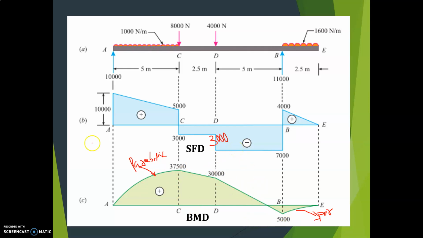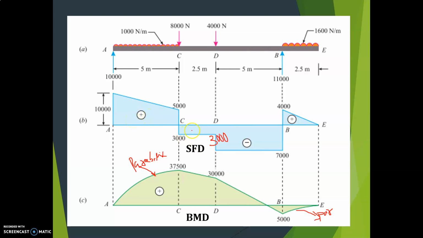Here, where is the maximum bending moment? The negative bending moment occurs at B because the shear force changes its sign from plus to minus at B. We already know the value, that is minus 5 kilonewton meter. Then you have to see where the positive bending moment is maximum.